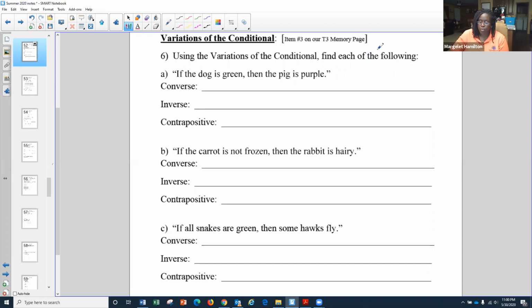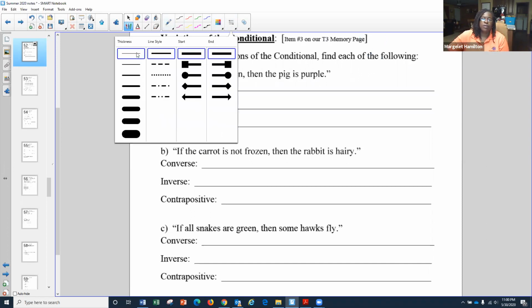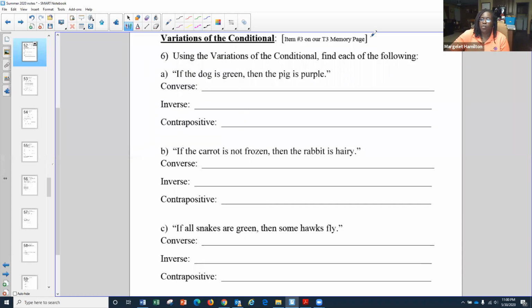But one thing we do need to remember is that the conditional statement is always equivalent to its contrapositive statement. We're going to be looking at that today, but that's going to really save you a lot. If you remember that, it's going to save you in a couple of problems on your homework as well as your tests. So note that.